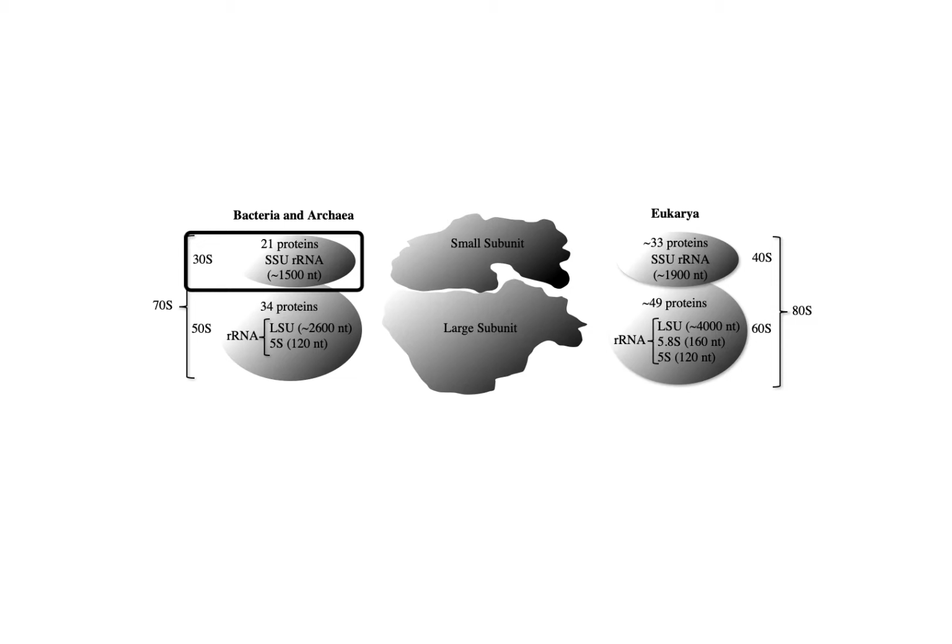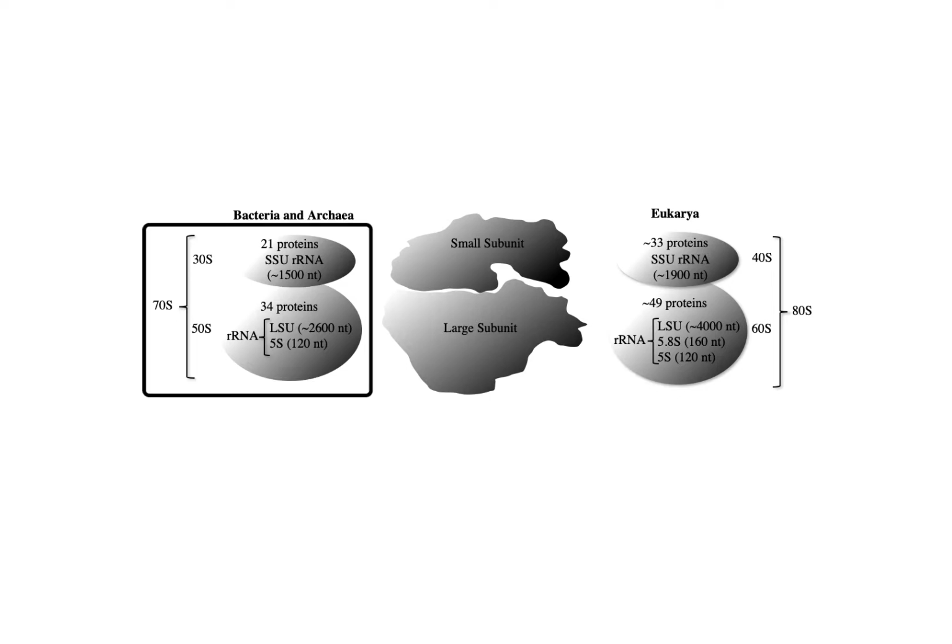And again, those proteins aren't doing a lot in the ribosome other than holding the RNA in its functional form. And then there's a 50S subunit, which has about 34 proteins, again holding the large subunit 23S and 5S RNAs in their functional forms. And those are about 2,600 nucleotides and 120 nucleotides each. And that makes up the 70S ribosomes.